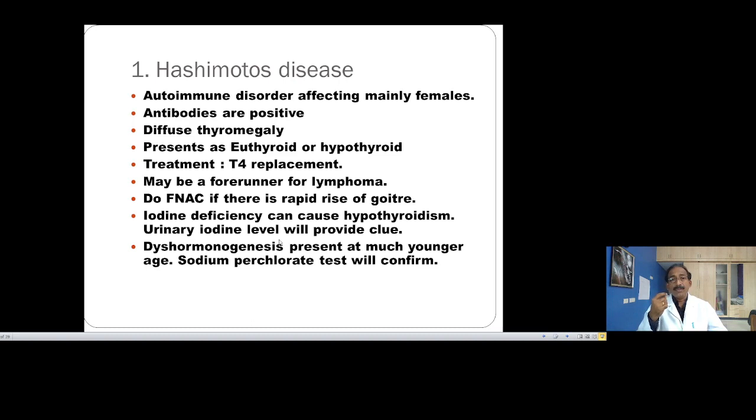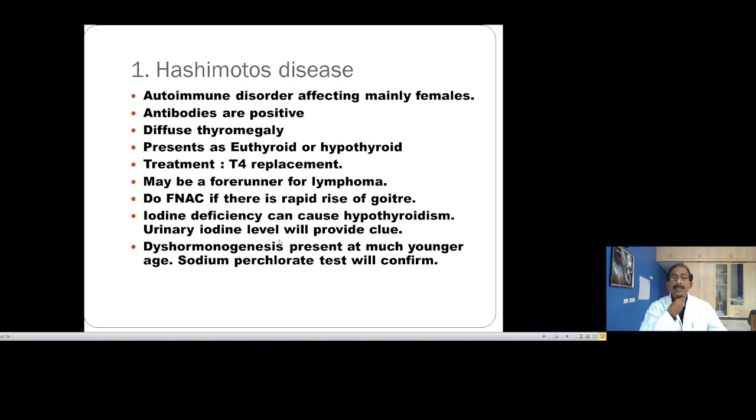And one important point: having diagnosed Hashimoto's, the commonest one with diffuse goiter and hypothyroidism, don't stop with that. Sometimes they come back and say the goiter seems a little more prominent. That may be because the TSH has gone up due to poor compliance, or because the requirement of thyroxine may be high.